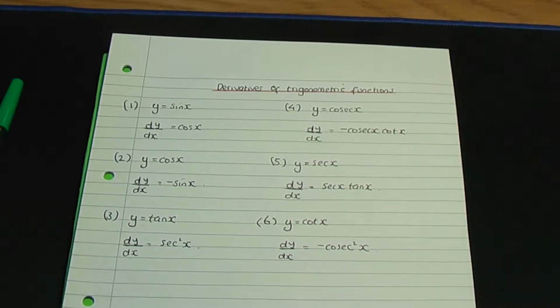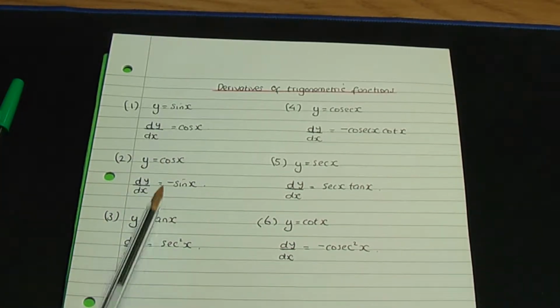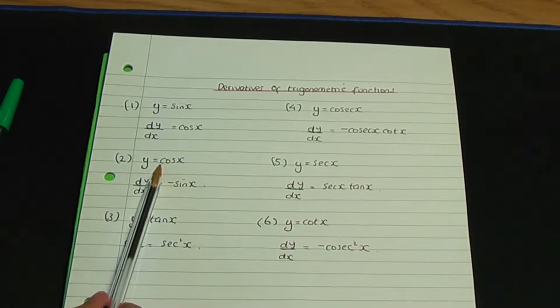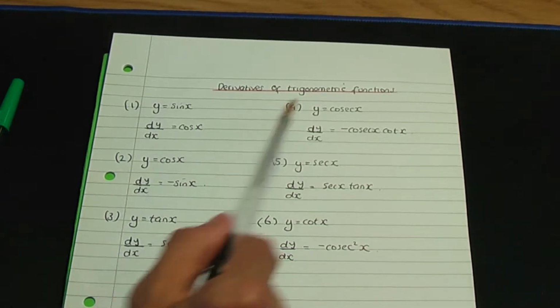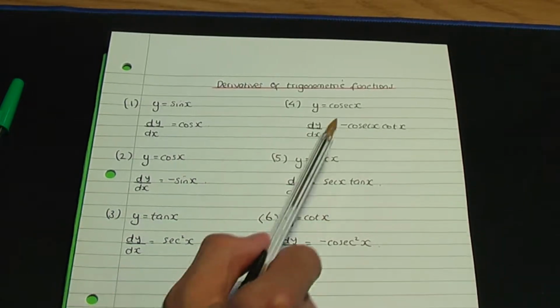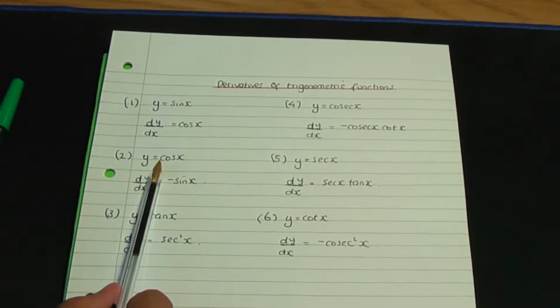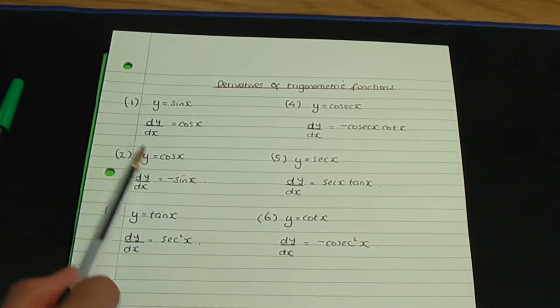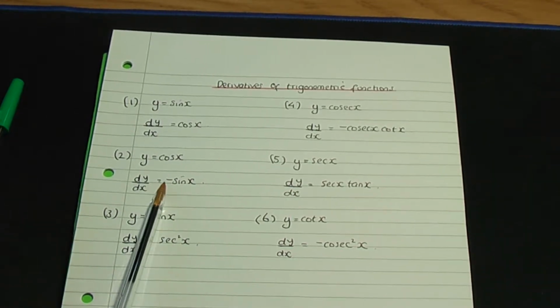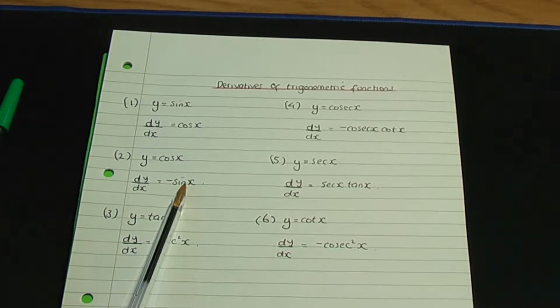The way that you could learn this is, one way is, whenever you differentiate a ratio starting with c, so ratios starting with c are cos, cosec and cot, the result will have a negative in front. So for example, if you differentiate y equals cos x, it starts with a c, expect the result to be negative, so it's minus sine in this case.